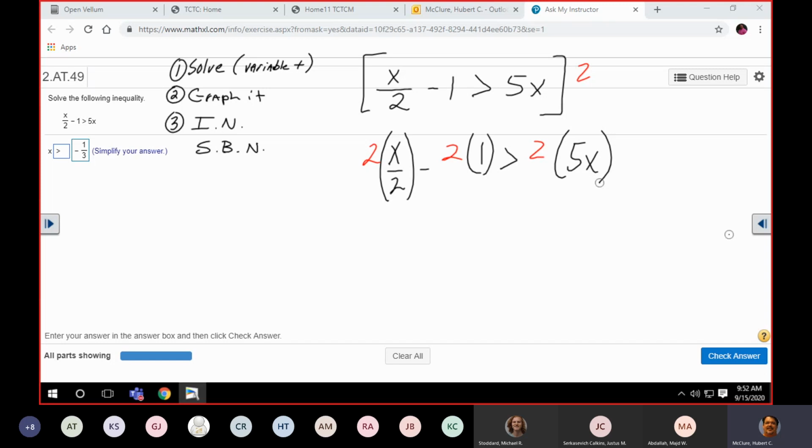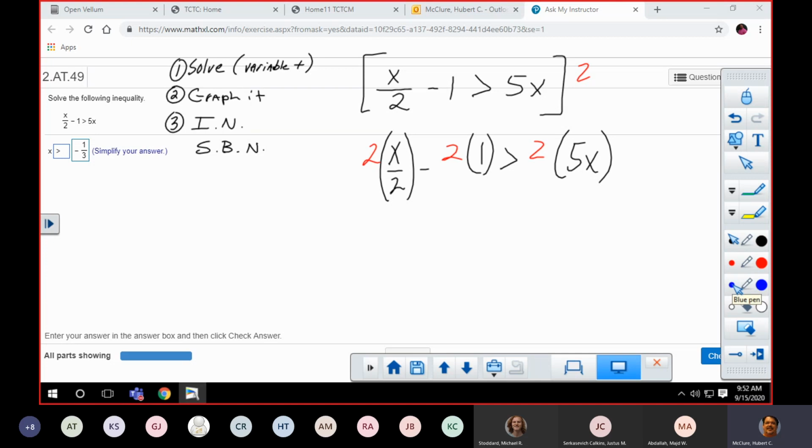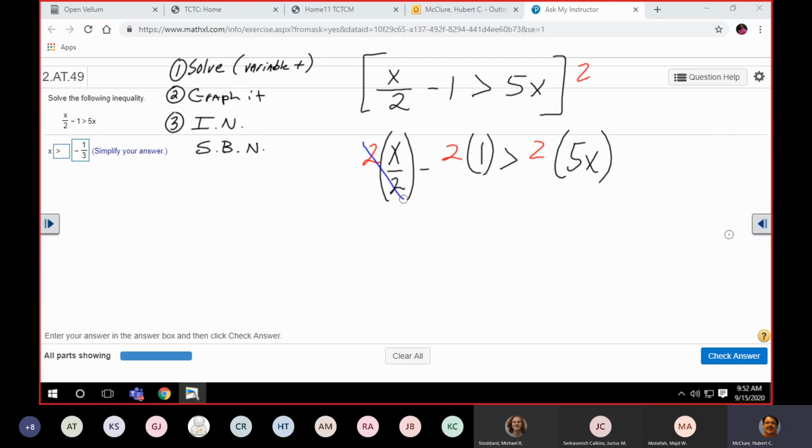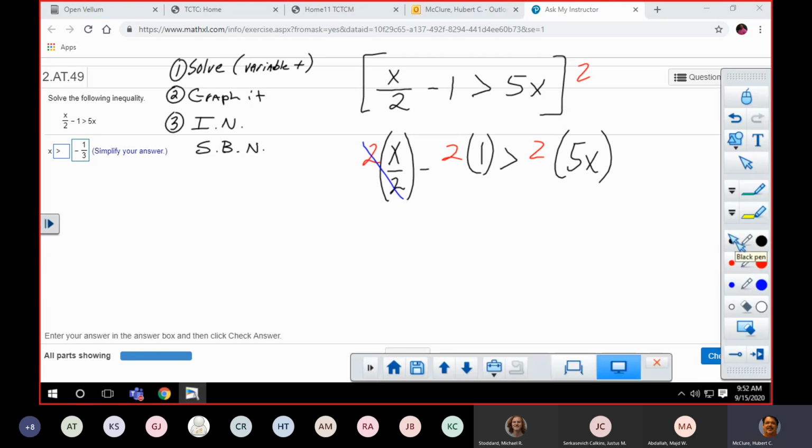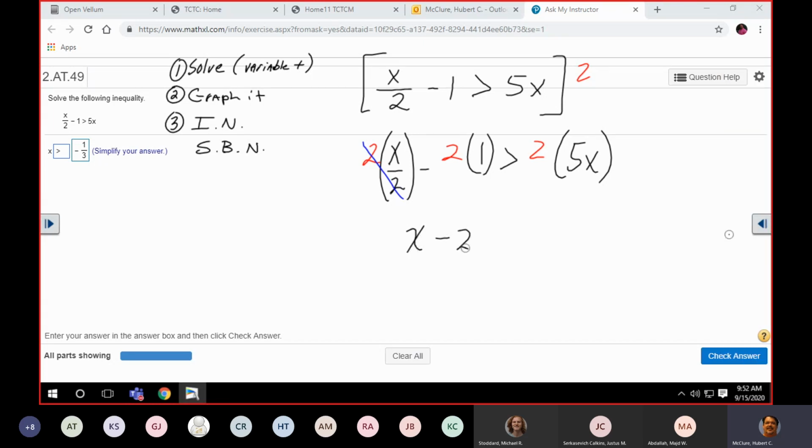So I just put a baby step in there. And there's your 2's. Your 2's are going to cancel. That's why you multiplied by 2 in the first place. So our final equation is x minus 2 greater than 10x.